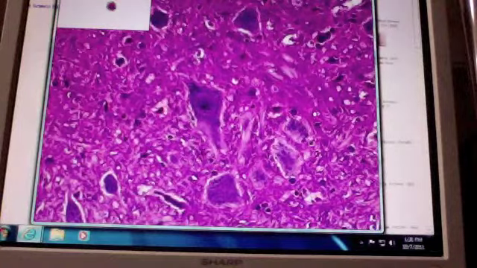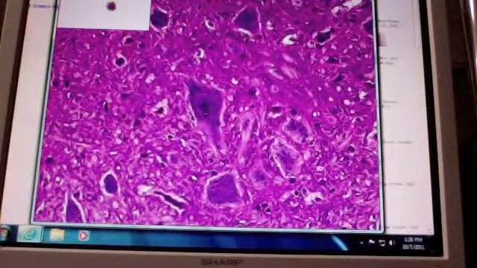And here we have an example of the neuron cell body. We have a nucleus, we have its nucleolus, we have these little blue granules sitting in the cytoplasm, the Nissl granules. And what are those Nissl granules? Mostly RER.